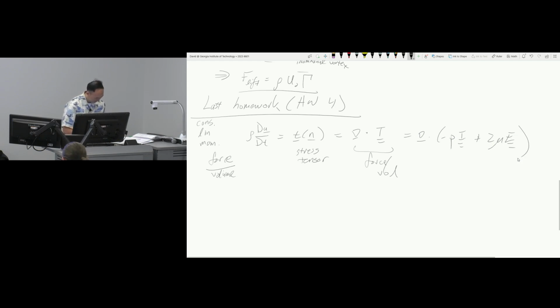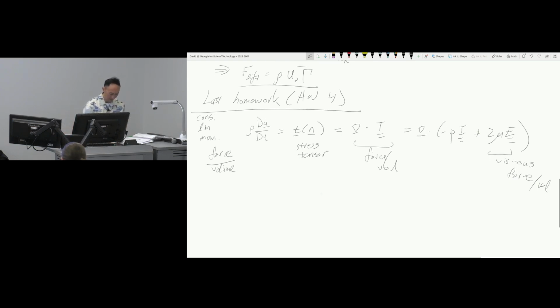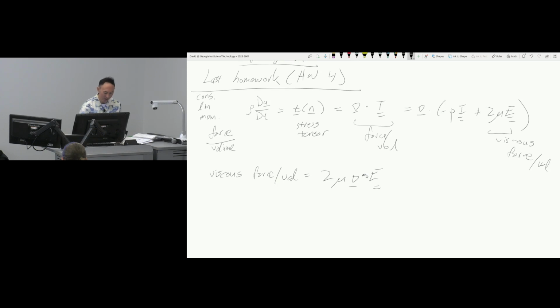And this is basically the viscous force per unit volume with a del. So the viscous force per volume is equal to 2 mu del dot E. All right. So for number 1, you want to start with that.